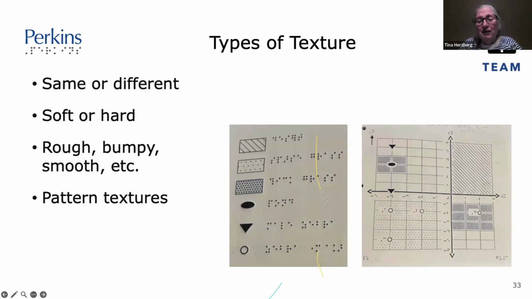And being careful, if I remember right from the guidelines, they say no more than 5 textures on a graphic. And I will tell you, the more you get, it can be super hard to distinguish between them. I remember one time we saw a graphic where they had used 8 different textures and some were very, very similar. I could see why students were struggling with it.